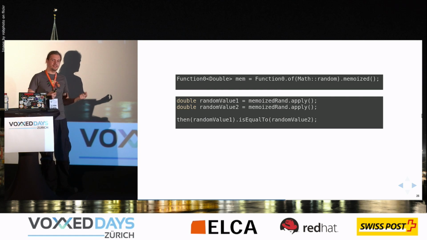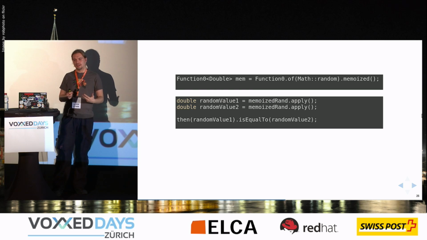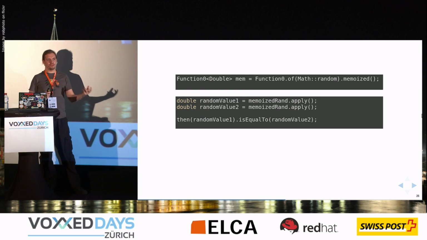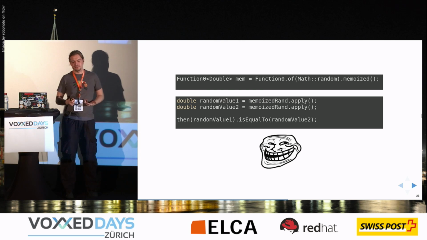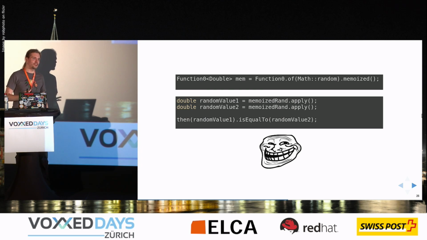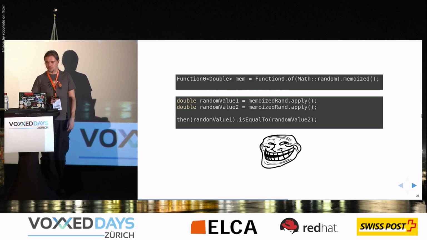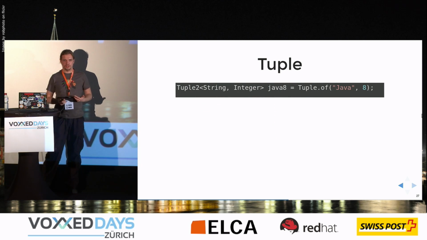And after getting the first value, it gets stored in a cache. So when we call apply again and call the function again, the value gets returned from the cache. And as a result, we are breaking the random function and basically making it a function that always returns the same value from the cache.